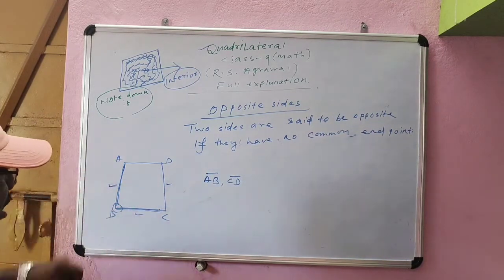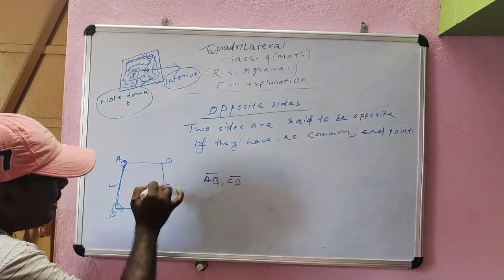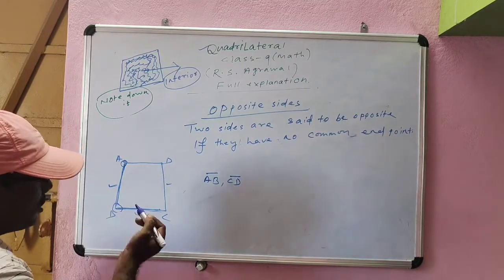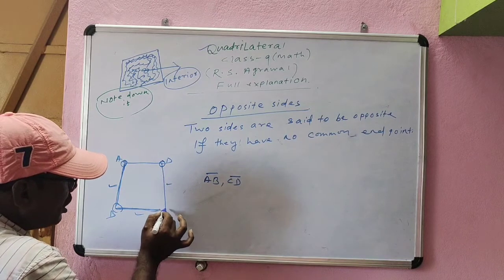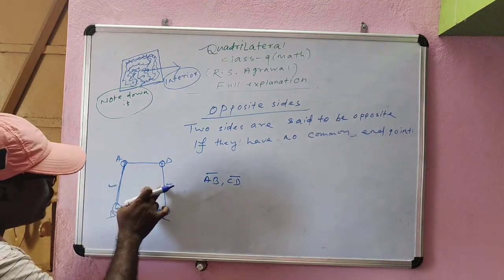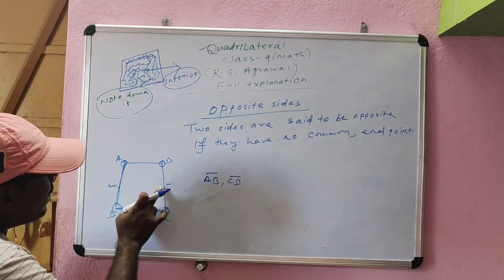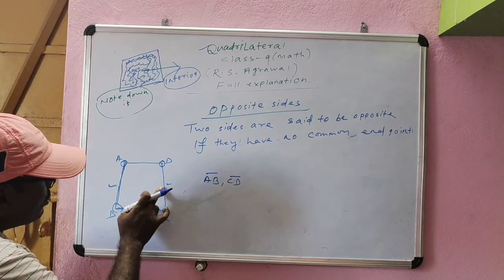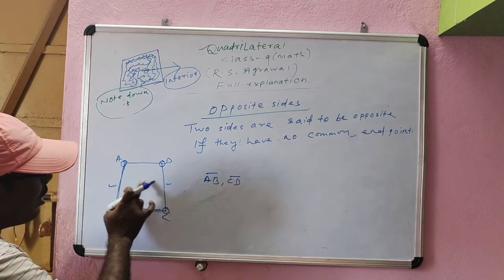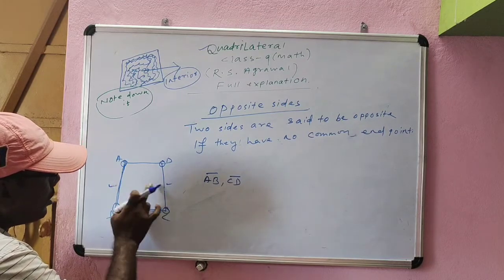Side AB has two endpoints, that is A and B. Side CD has also two endpoints, that is D and C. So here we see that these two sides or line segments have no common endpoints. They have different endpoints. Therefore, they are called opposite sides.